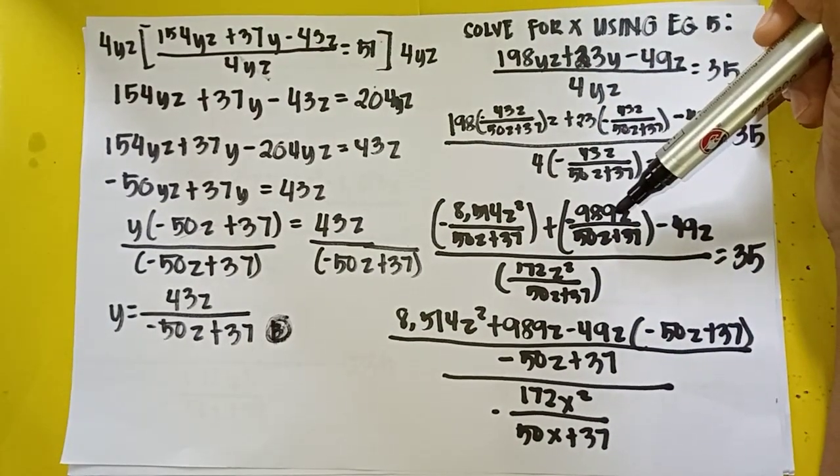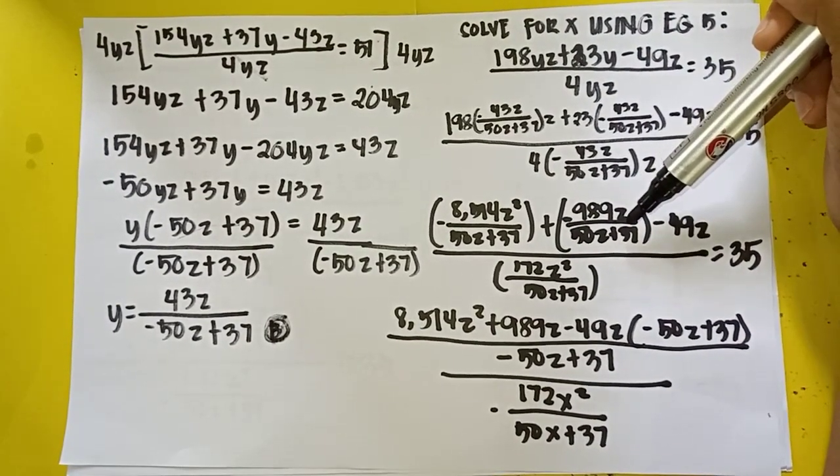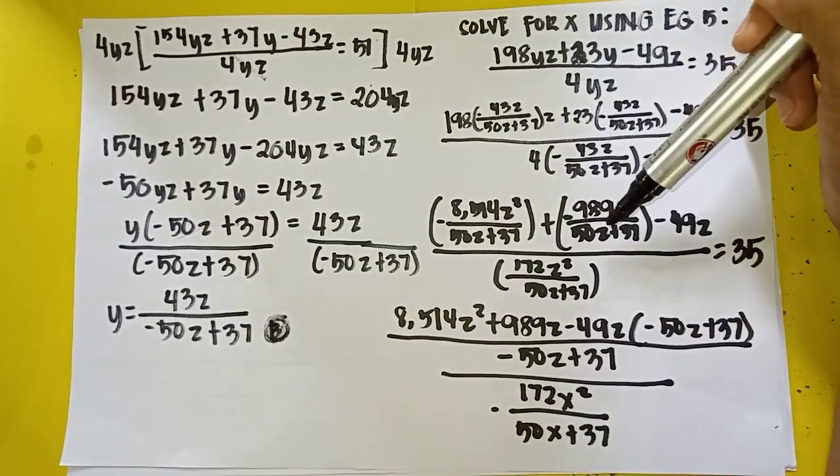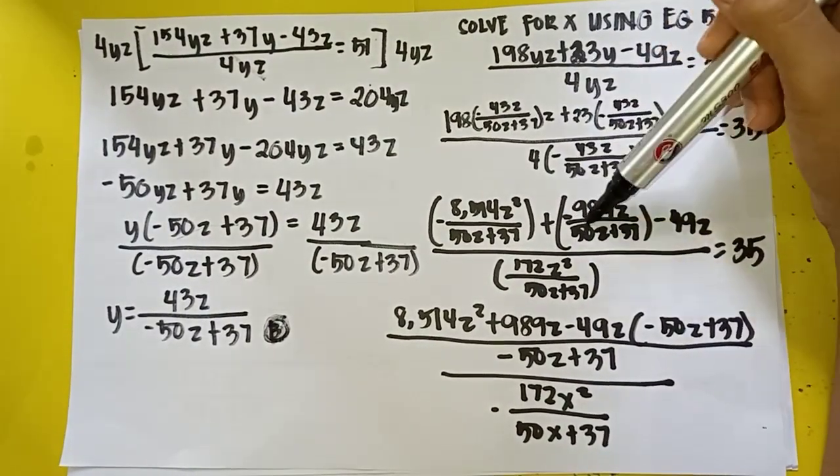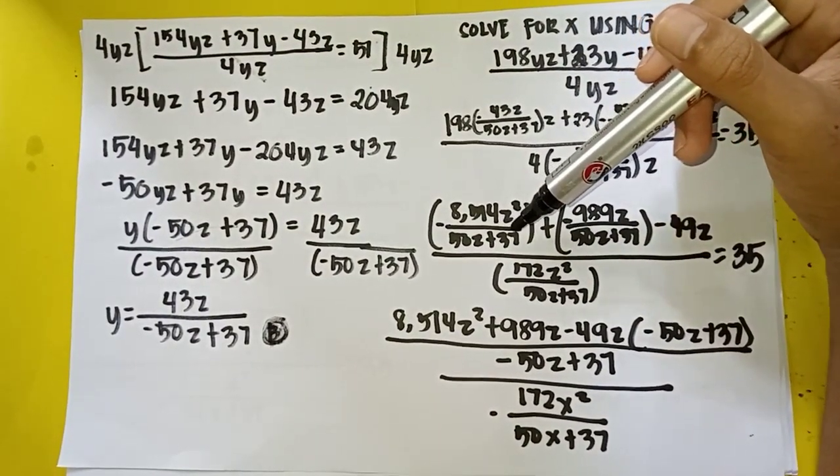The next, we will take the greatest common factor, which is negative 50z plus 37.